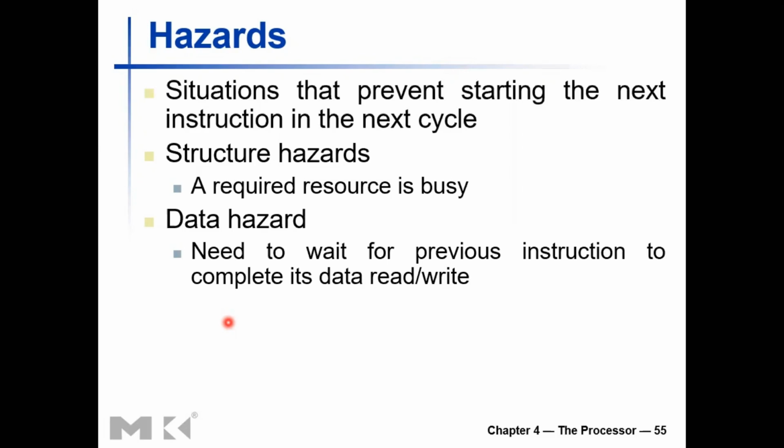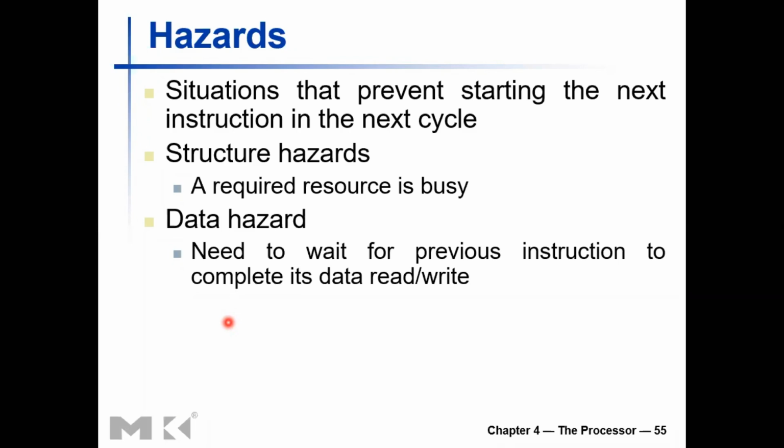Data hazards are when we need to wait for a previous instruction to complete its data reading or writing in order to do the data reading or writing for a subsequent instruction. It may not necessarily be just the next instruction, maybe even the following one as well.